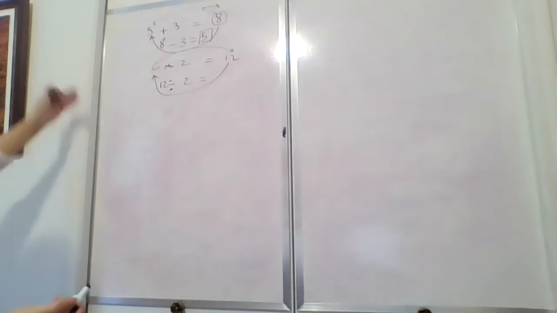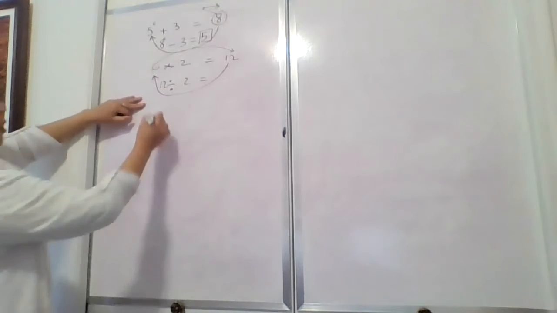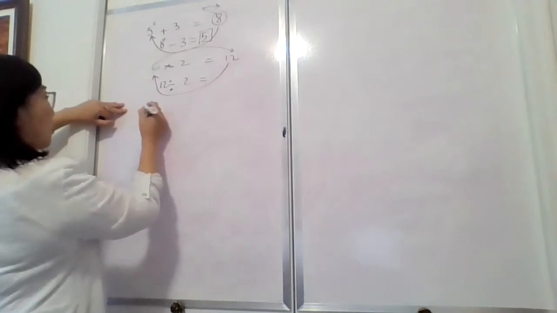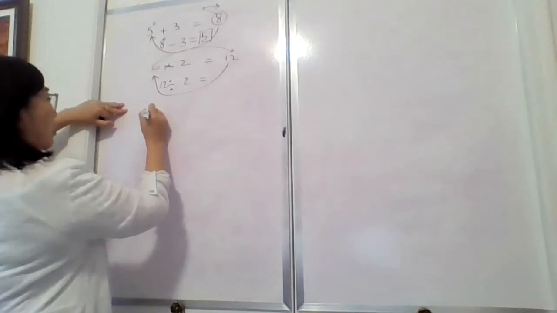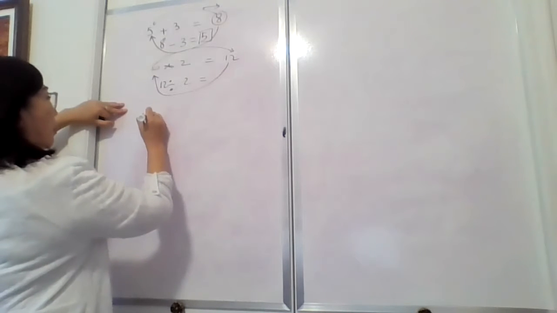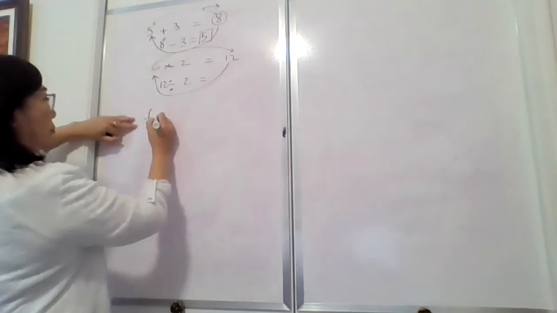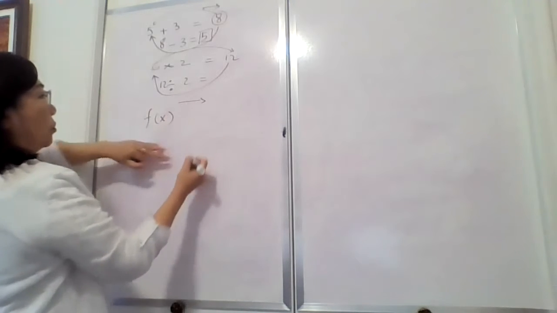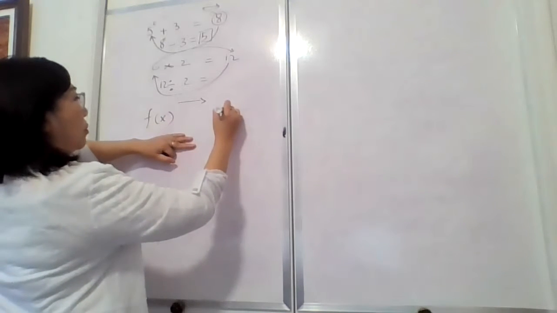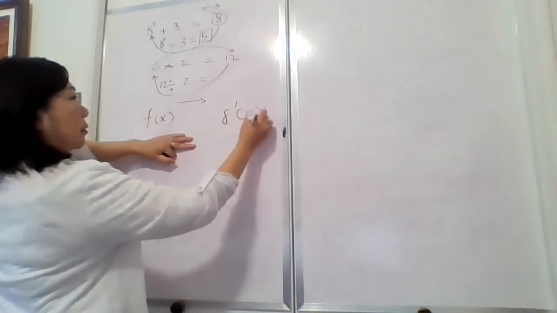Now follow this operation. If you have a function f of x and you move forward, you take the derivative, you get f prime of x.